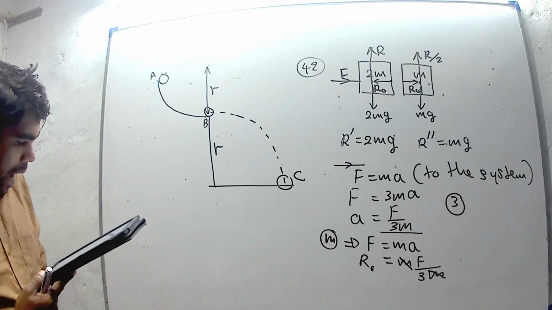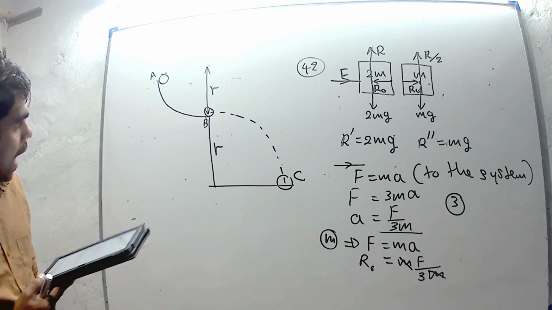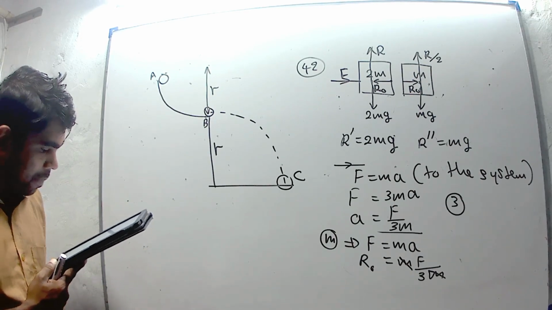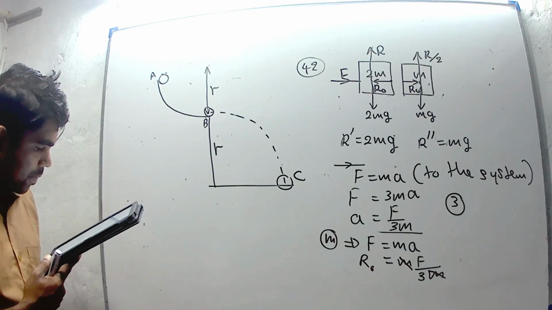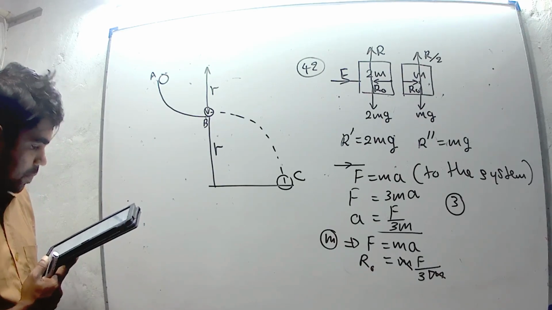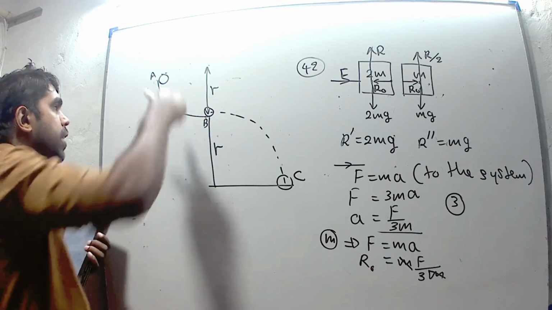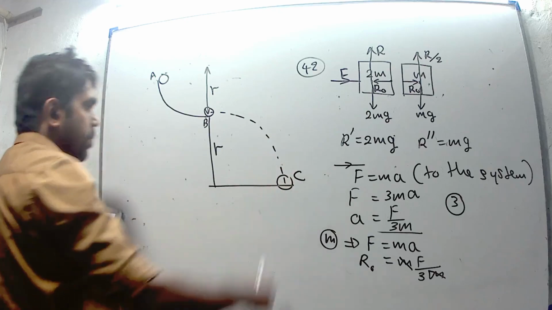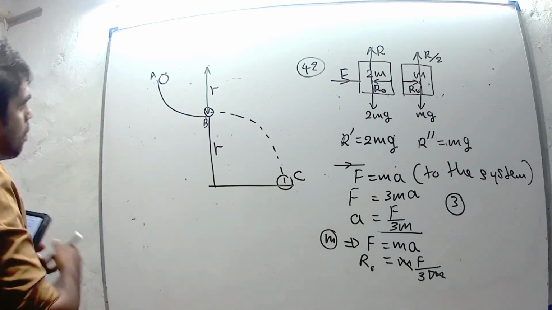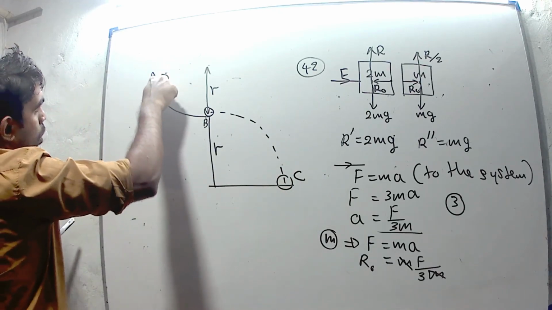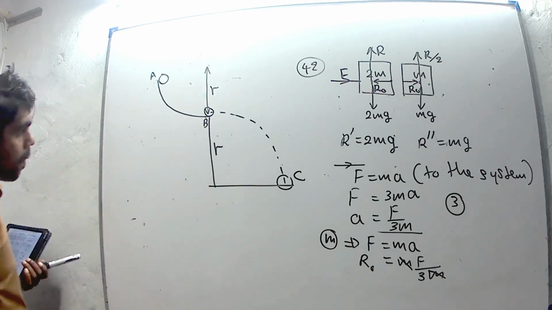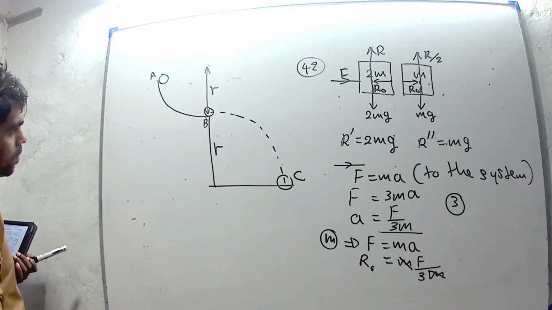Then we have to compare time and distance. We know that when considering parts AB and BC, at point A there is no vertical velocity, and at B there is no vertical velocity.